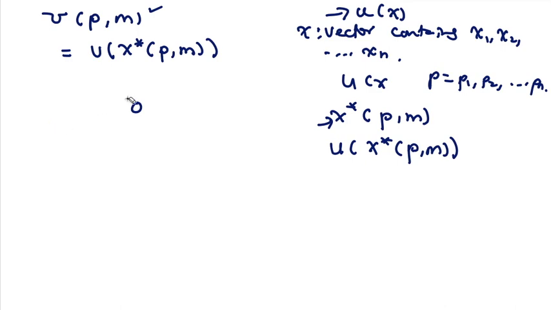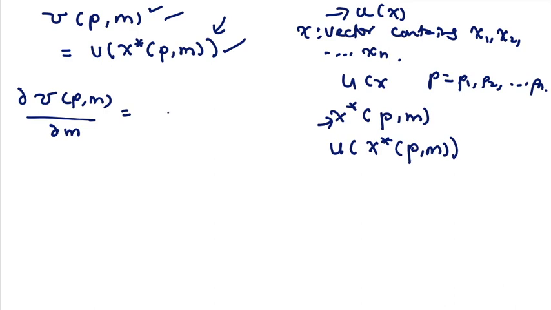Now here, the indirect utility function, we know that it can also be rewritten as this. So now, when we differentiate the indirect utility function with respect to income, that means we are also differentiating this with respect to income, isn't it?